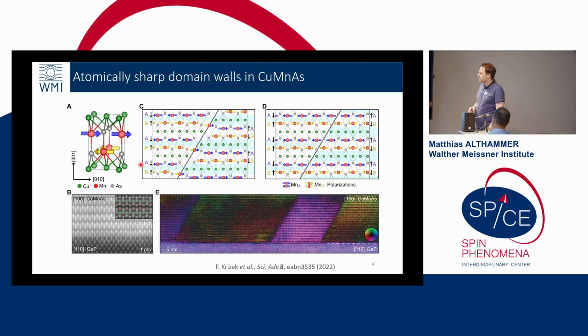With the resolution they achieved in their TEM studies, they could show these are atomically sharp interfaces. The domain wall is very thin, and you transition within just one spin step, without any spins in between. So you will not really find a domain wall in the system; there are just two domains, atomically sharply defined. That is also something one should consider.